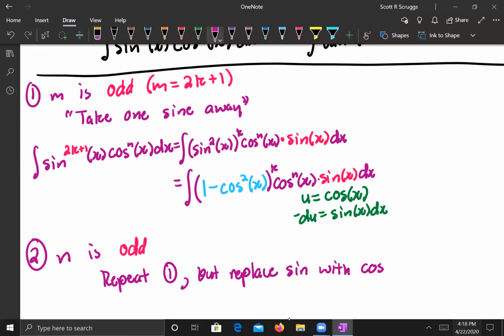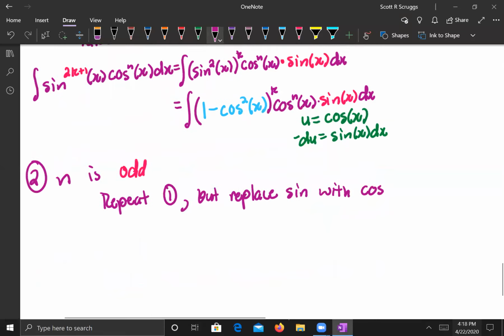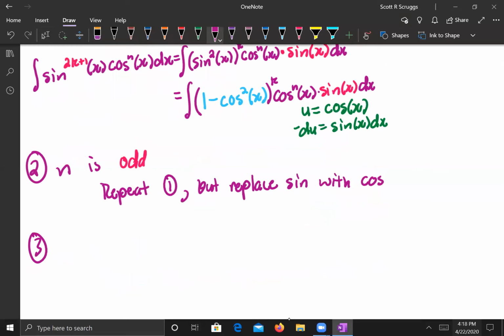So method 1 and 2 are the same method. They'll be dependent on which power is odd or even. And I'll mention method 3. This is the least common, but I think we should mention it.